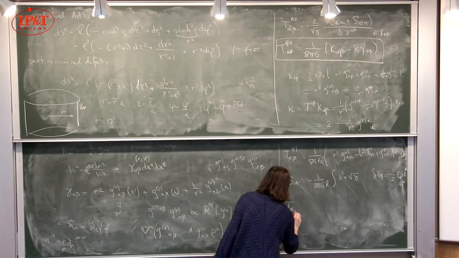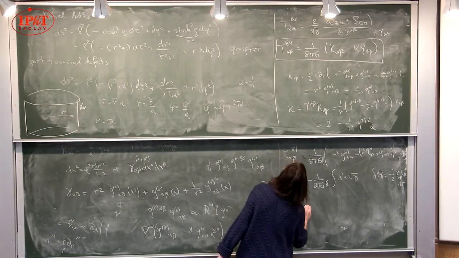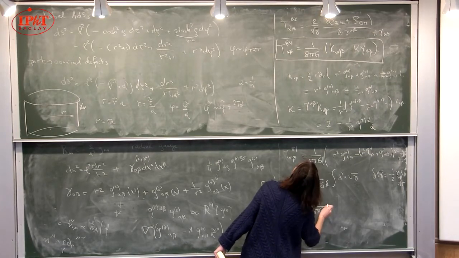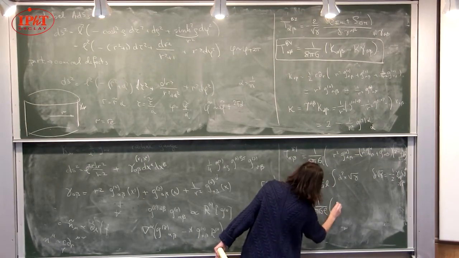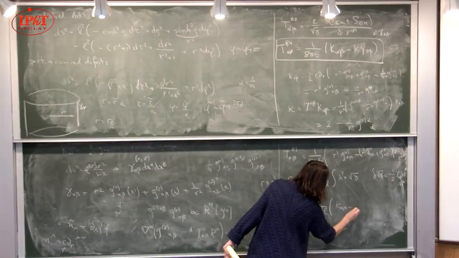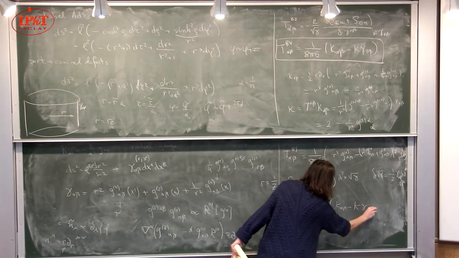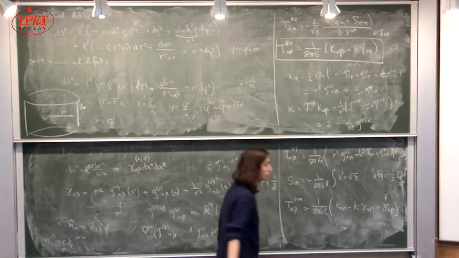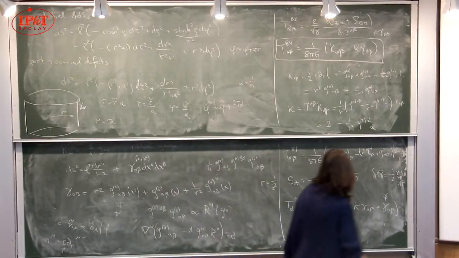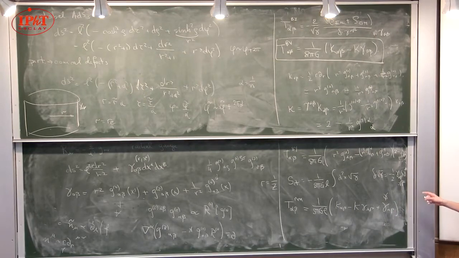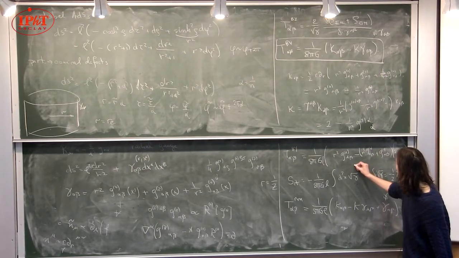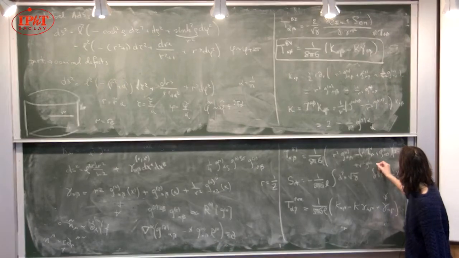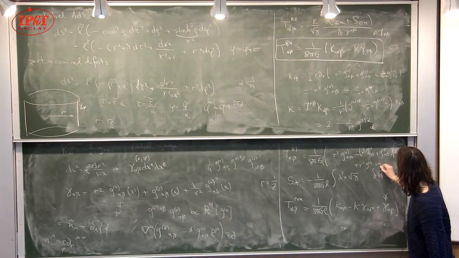So T alpha beta renormalized is going to be 1 over 8 pi G L, because I missed the factor of L, K alpha beta minus K gamma alpha beta plus gamma alpha beta, where this last term comes from the counter term. And you see what happens. This gamma alpha beta is going to add plus r squared g0 plus g2 here.